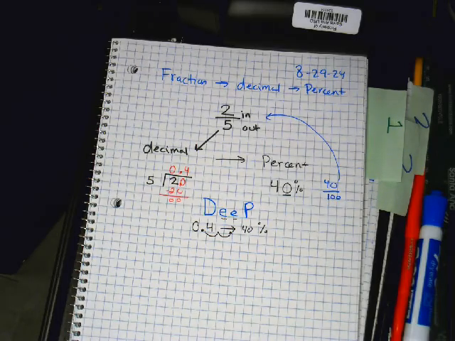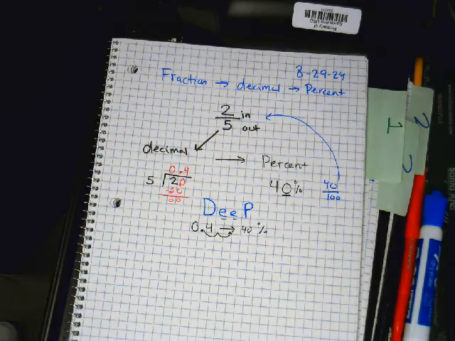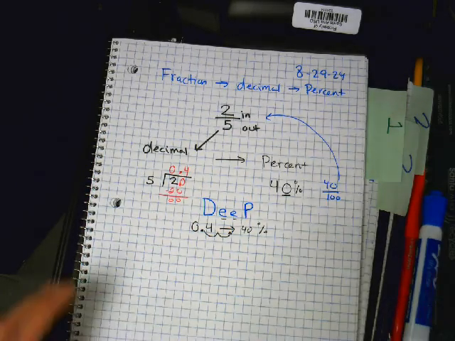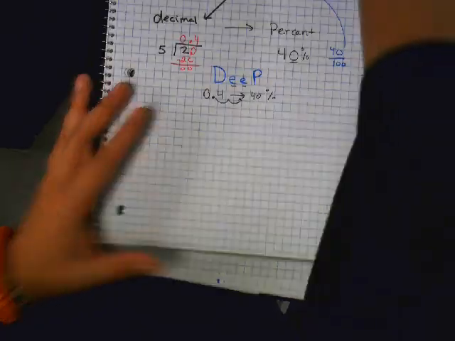It's like a loop, the circle of fraction, decimal, percent. All right. Let's try.